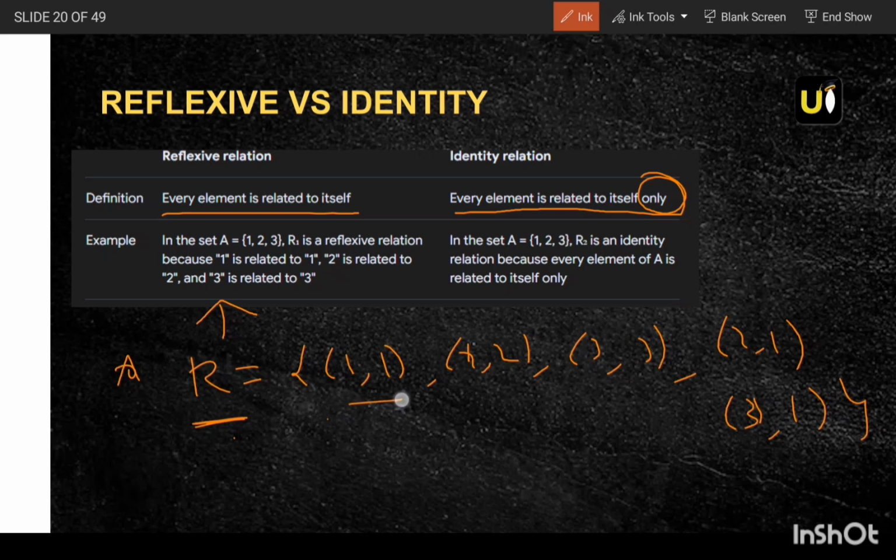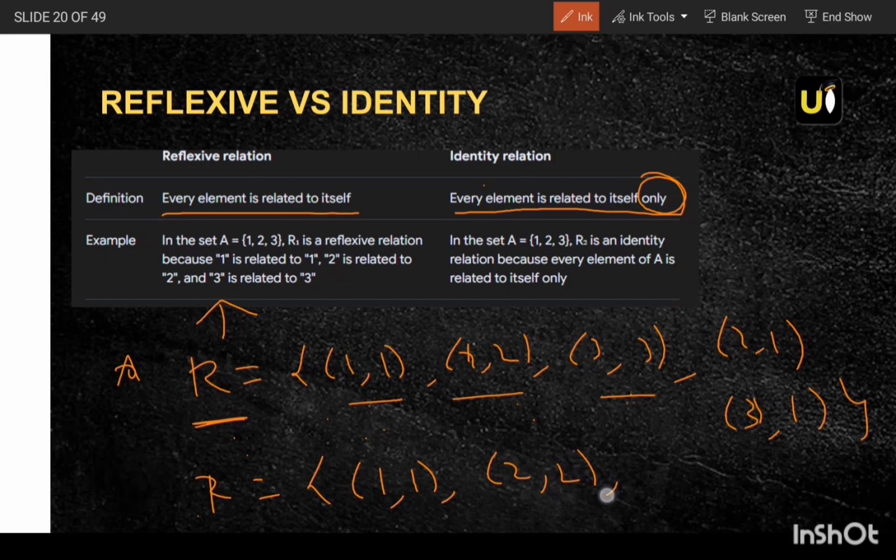This is a reflexive relation because all the elements are mapped to themselves. The condition for a reflexive relation is just this, so if you have any other relations apart from this, that is okay. But for an identity relation, this is not possible.